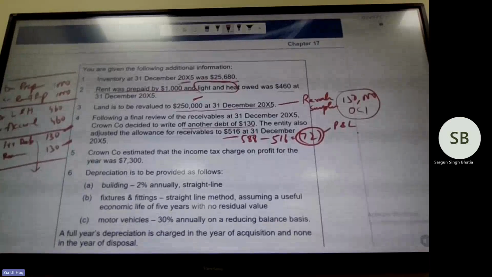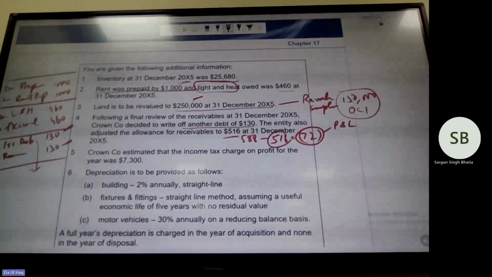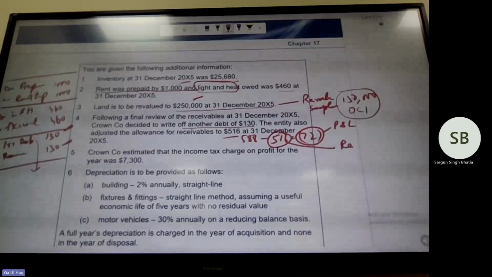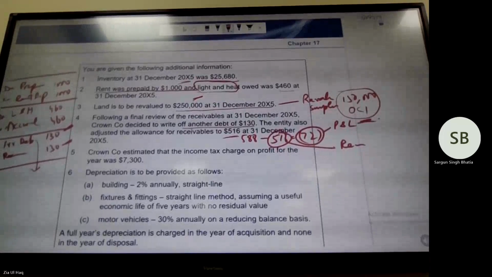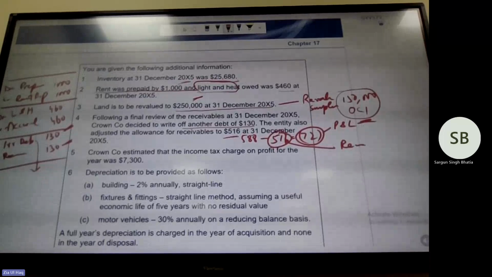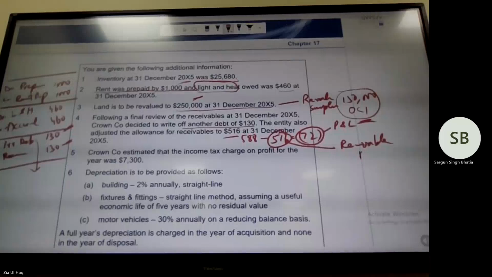And the closing balance of 516 should be deducted from receivables in the balance sheet. There will be two treatments of this allowance. The negative 72 will be deducted in the profit and loss account, but the closing balance should be deducted from receivables in the balance sheet.